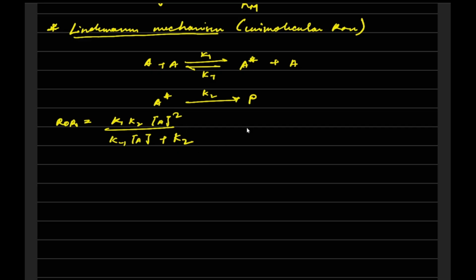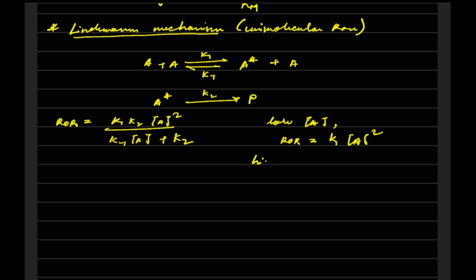At low concentration of A, the K minus 1 A term is negligible, so the rate of reaction is K1 A square.